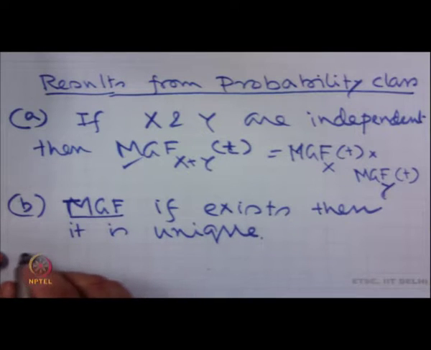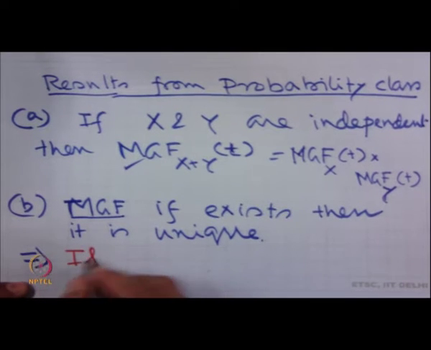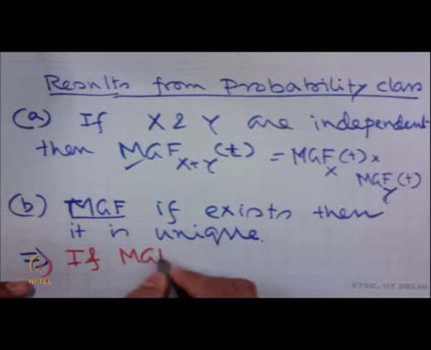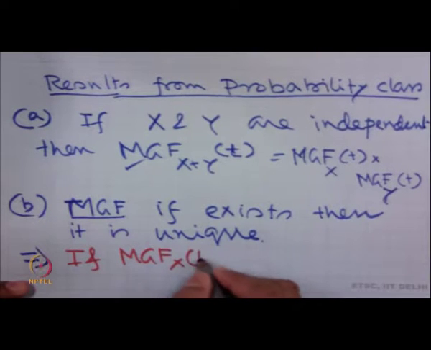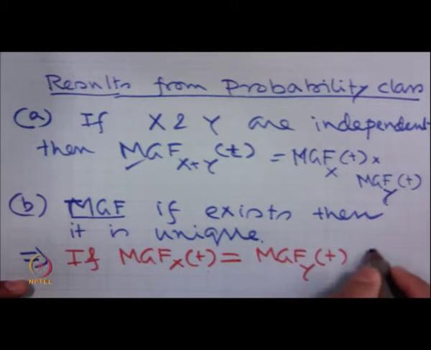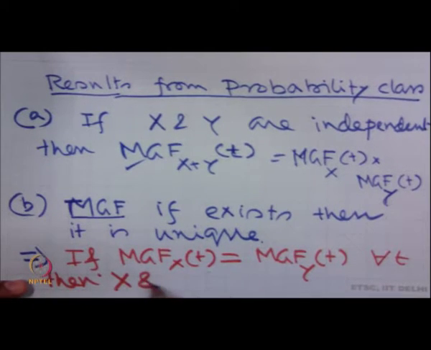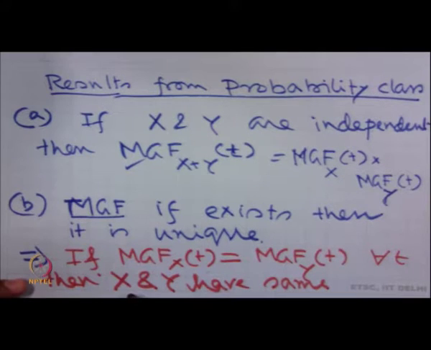What does it mean? It means that if mgf of X at t is equal to mgf of Y at t for all t, then X and Y have same distribution.